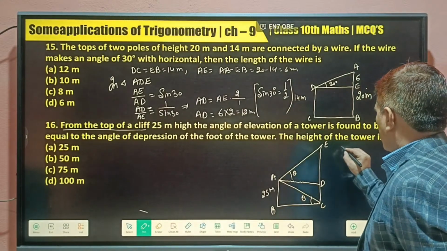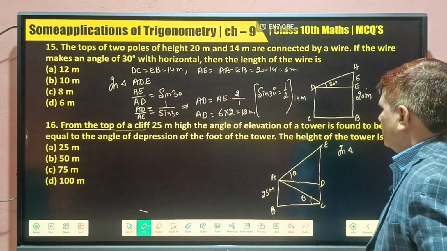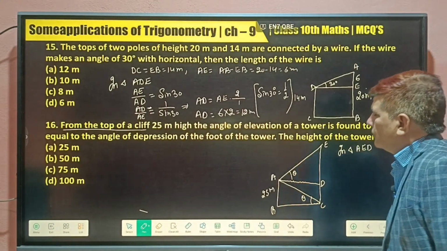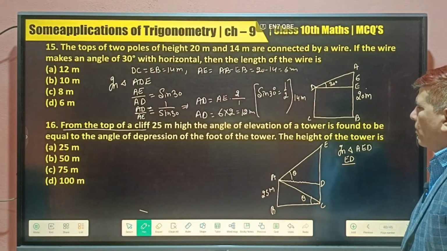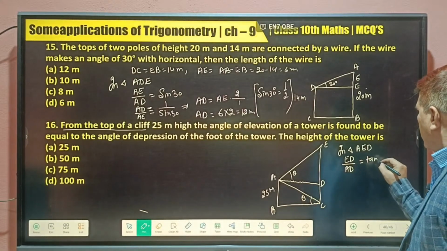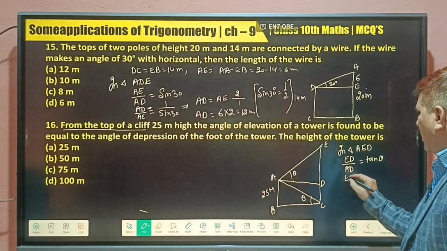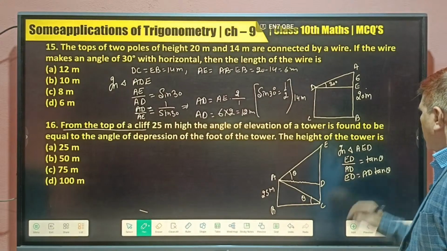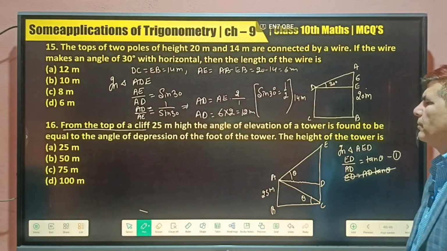Understood? First we are taking in triangle, which triangle? AED. ED by AD is equal to tan theta. So what's your ED? ED equal to AD tan theta.